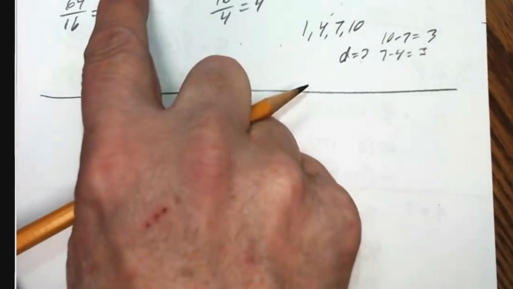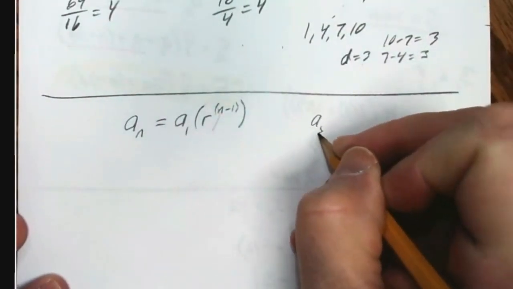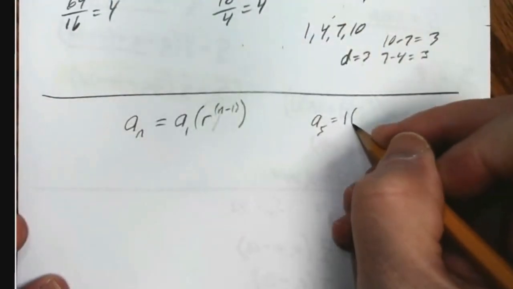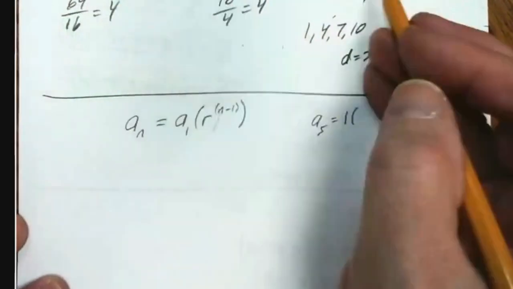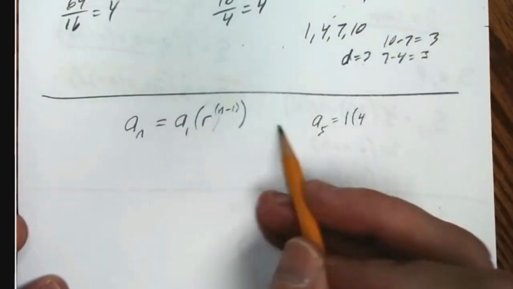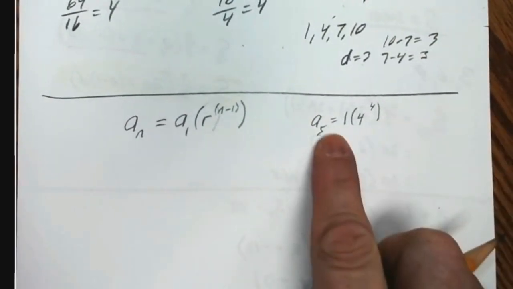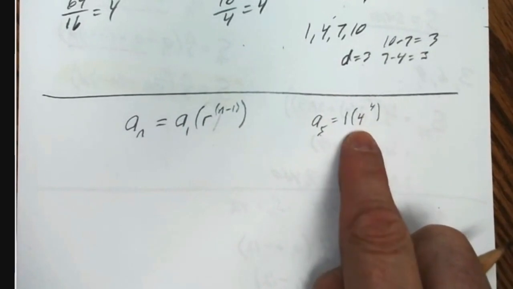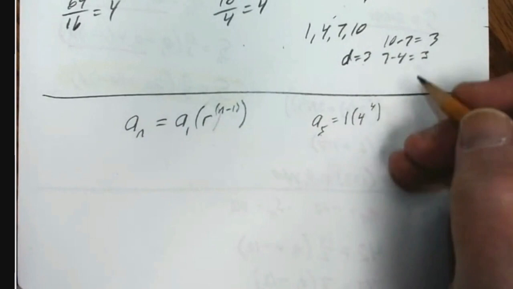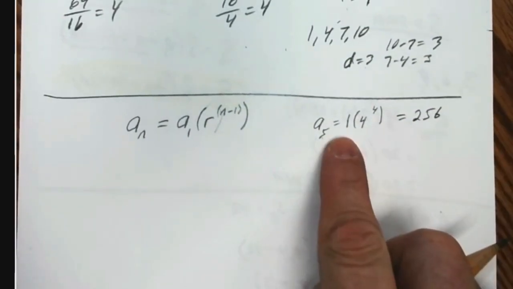So like in the example above, if we want the fifth term, we take the first term, which is 1, and the ratio, which we figured is 4, to the power of n minus 1. That's 1 times 4 to the fourth power. 4 times 4 times 4 times 4 is 256, times 1.